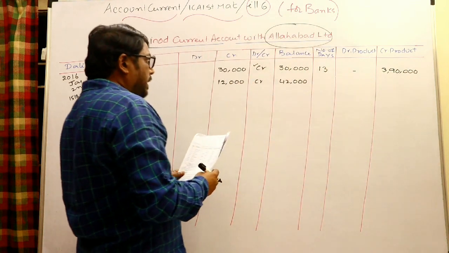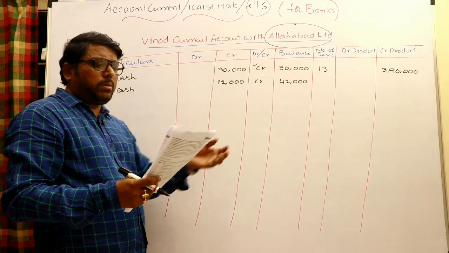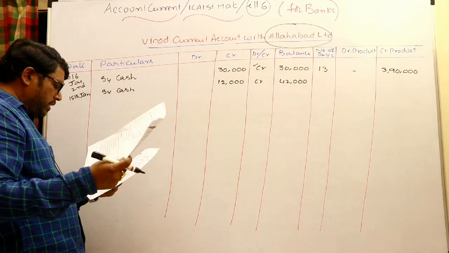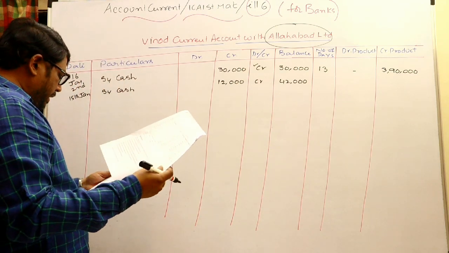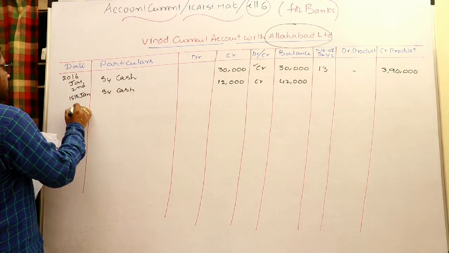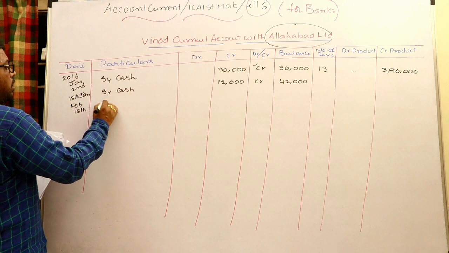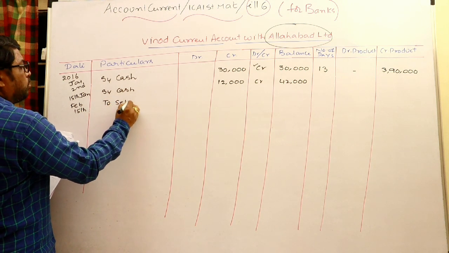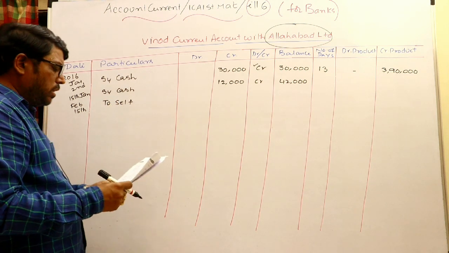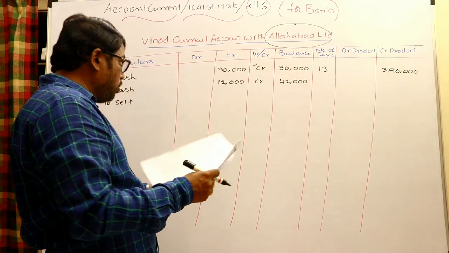Again for this 42,000, how many days? You have to wait for the next transaction. That actually took place on February 15th, to cash or to self. Whenever an amount is withdrawn, you can write either to self or to cash. How much was withdrawn? 26,000.